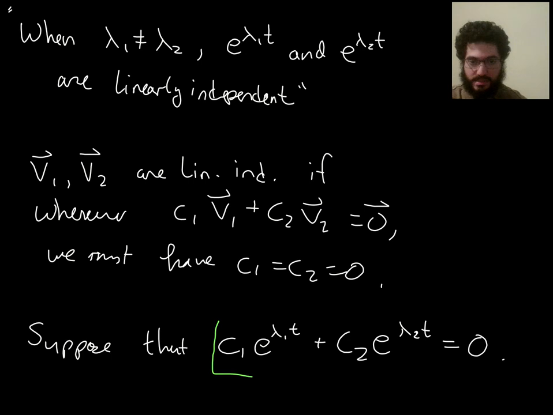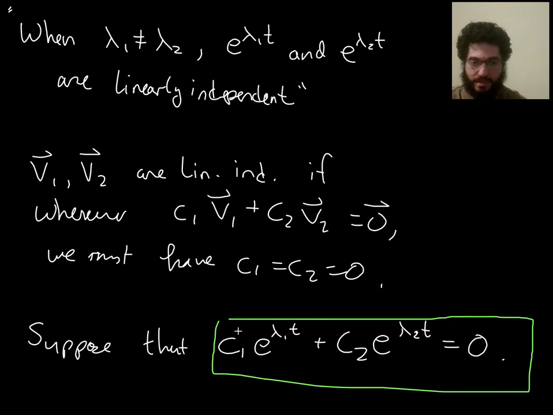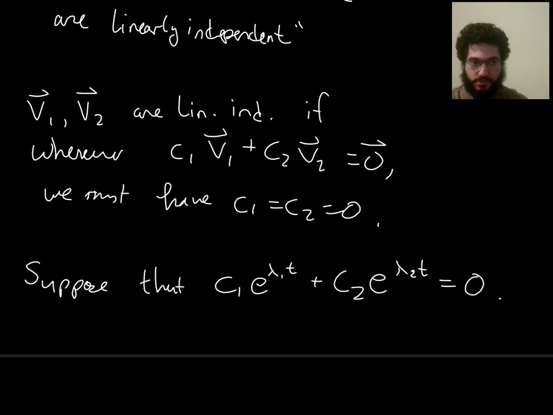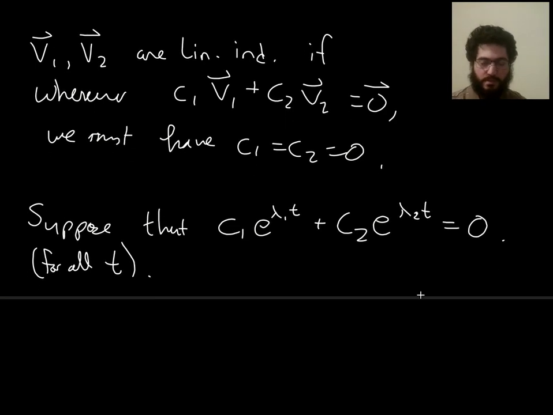Similarly, this is a list of infinitely many equations, one for each value of t. So when I say suppose this is true, I mean for all possible t. Then can I prove to you that c1 and c2 are 0?